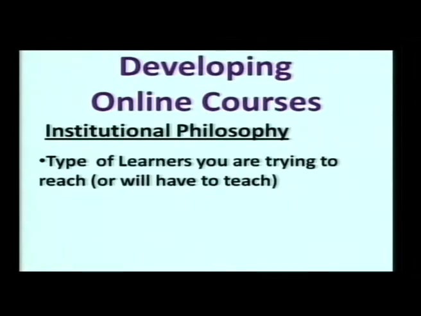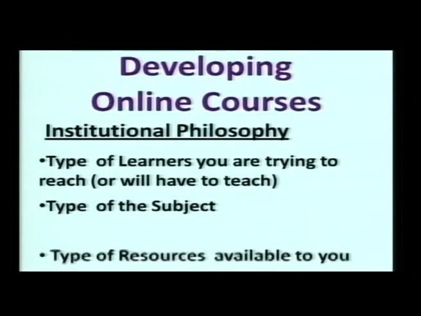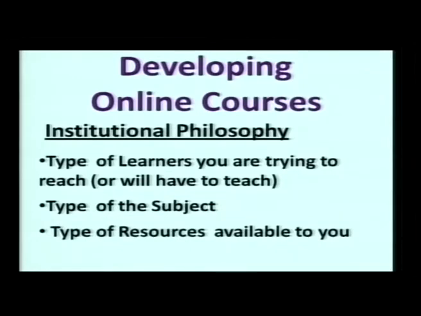The third is the type of subject we are teaching online. And lastly, the type of resources available to any organization. These are a few important points to keep in mind while we develop online courses. Let's see them one by one.